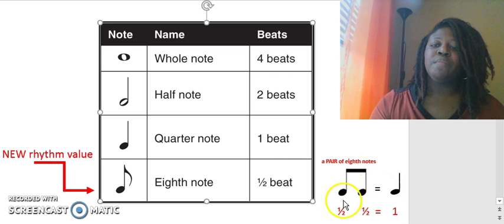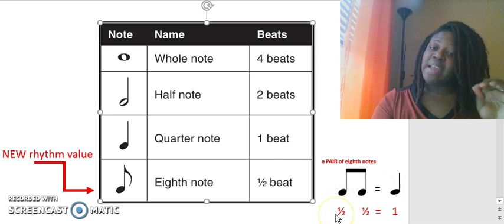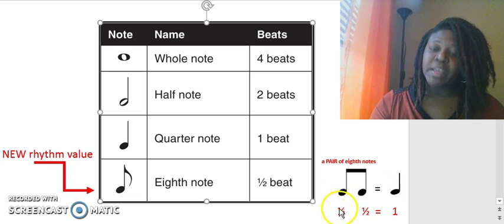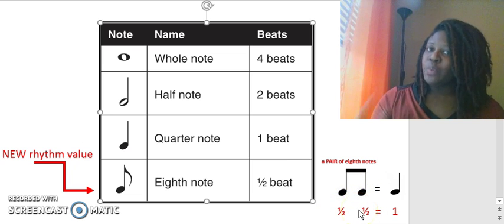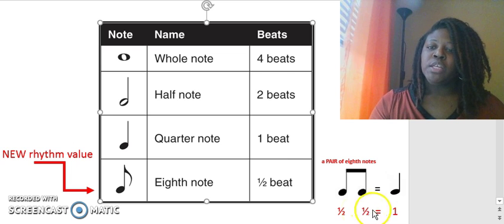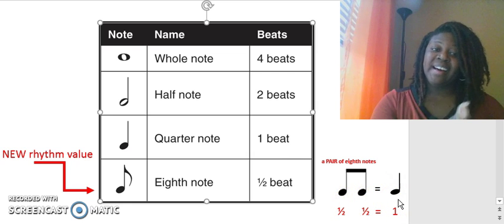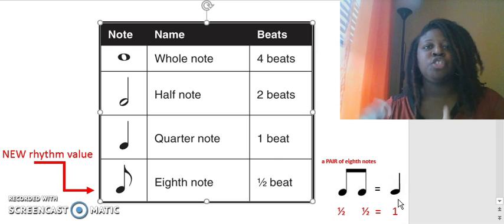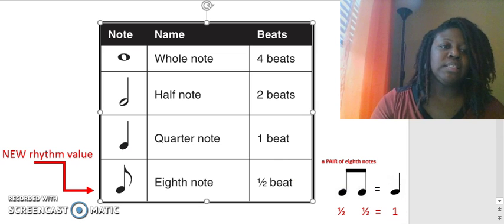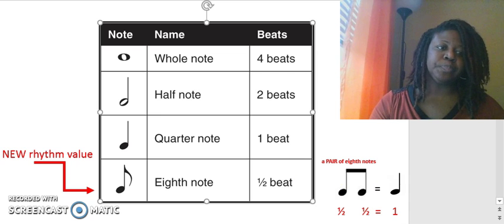If this half of the pair gets half a beat, and this half gets half a beat, 1/2 plus 1/2 equals a whole. So 2 8th notes, or a pair of 8th notes, equal a quarter note. Okay, hope you got that. That is the math of it. Now let's see how that translates into how these beats sound.